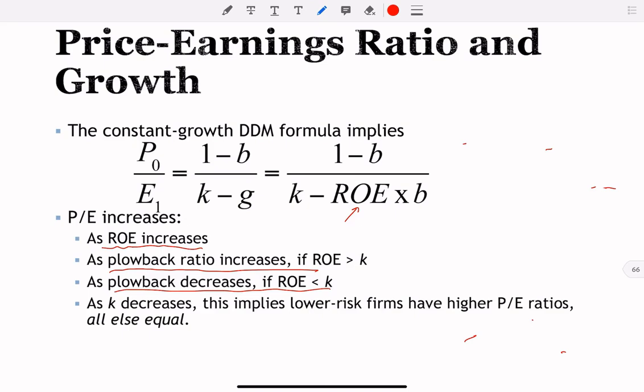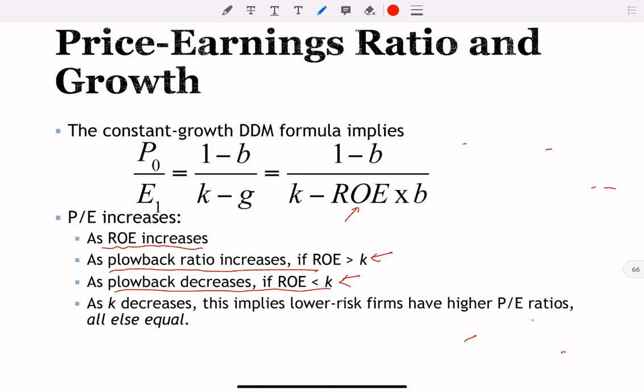We have learned about this because we made the claim that if ROE is larger than K, then a firm's stock price increases in the plowback ratio, right? So here you can see that in this case, PE ratio will increase if you increase the plowback ratio under the assumption that ROE is larger than K. When ROE is smaller than K, the investment projects are negative NPV projects.